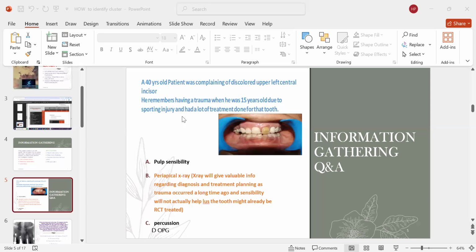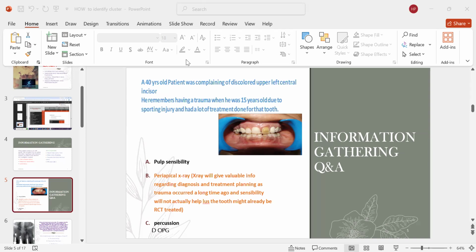What we need to see is that a lot of treatment has been done before. We need to check in the X-ray whether RCT has been done or not. So here we are not going to do the pulp sensibility test. A lot of treatment done before is the keyword, right? So we are going to do the periapical X-ray to check whether the RCT has been done before or not.